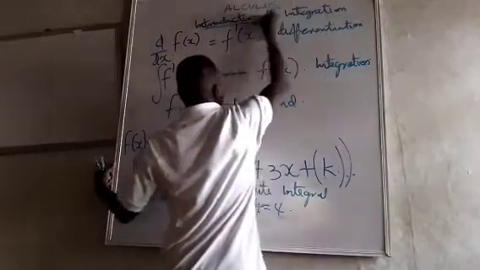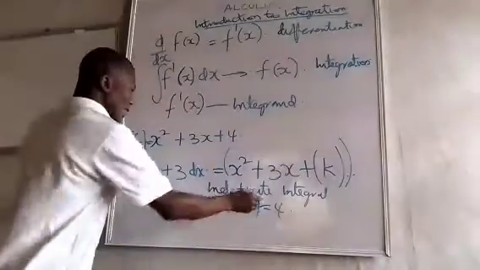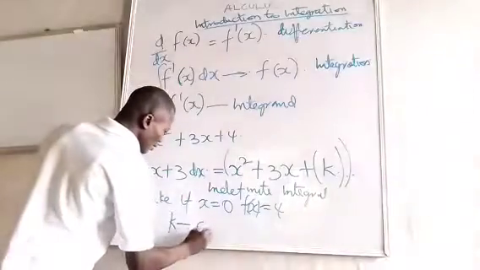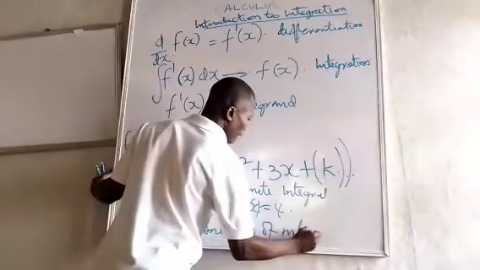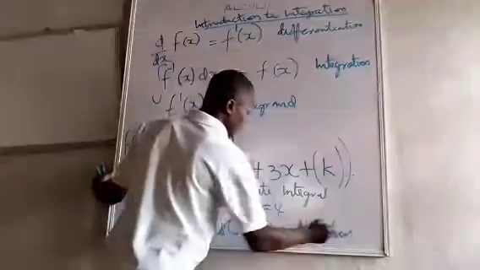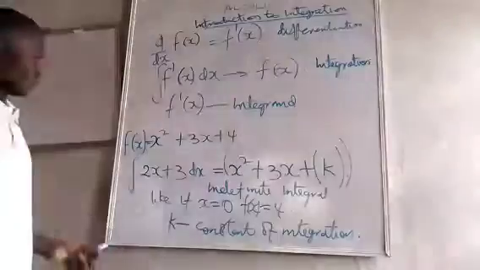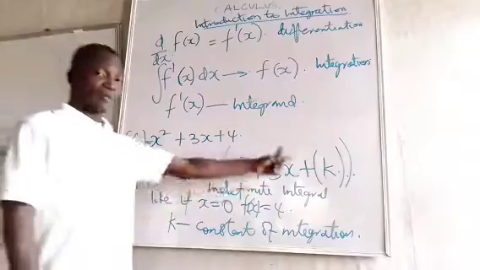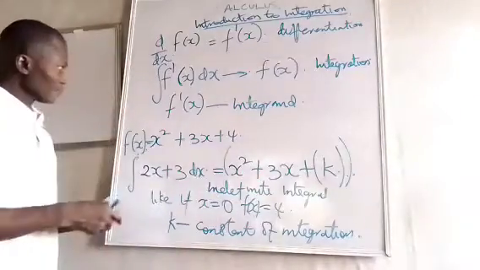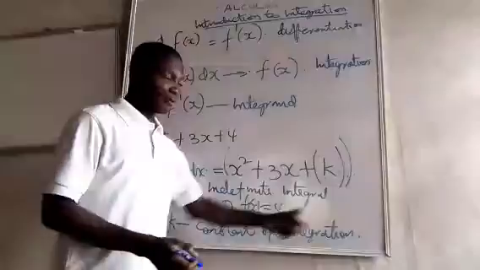You can see this k is the constant of integration. At every point in time, please don't forget, always put k, so that you will remember either to find the value or not to find the value. And as it is, that's why you refer to it as the indefinite integral.